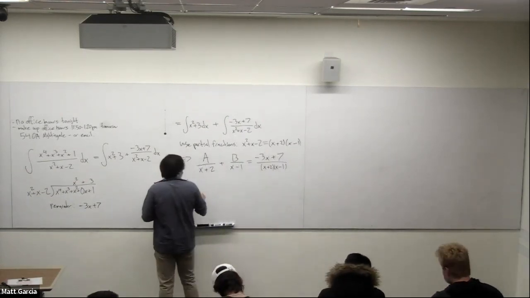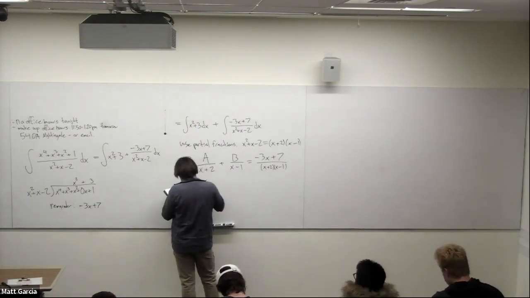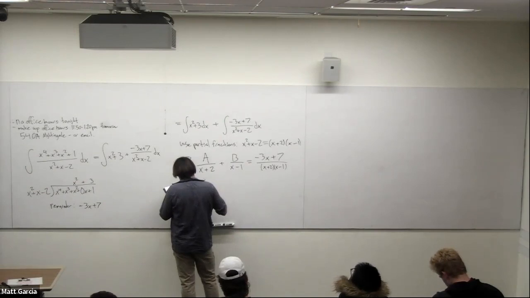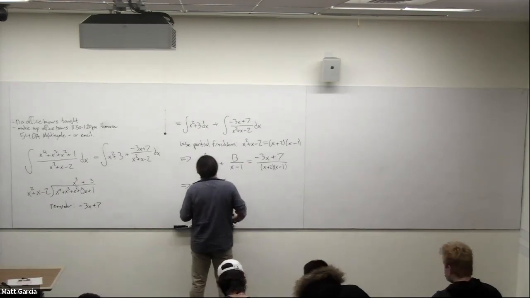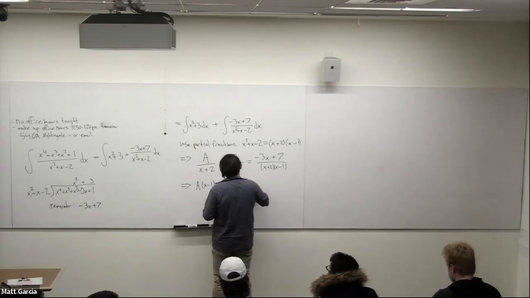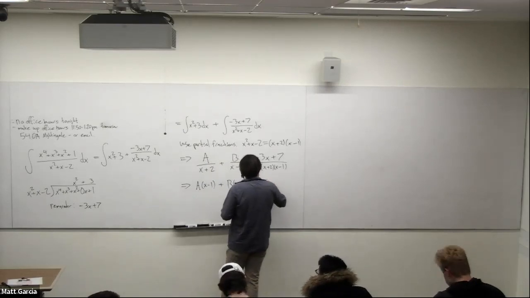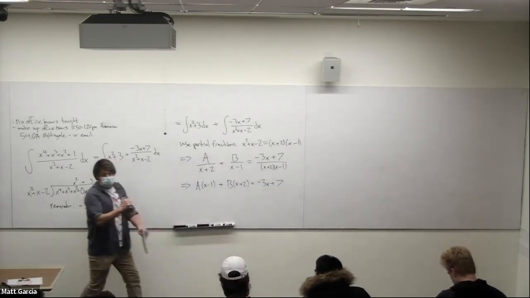Okay, which in turn gives us the following equation. When we clear denominators, A times x minus 1 plus B times x plus 2 equals negative 3x plus 7. Okay, what's our next step?